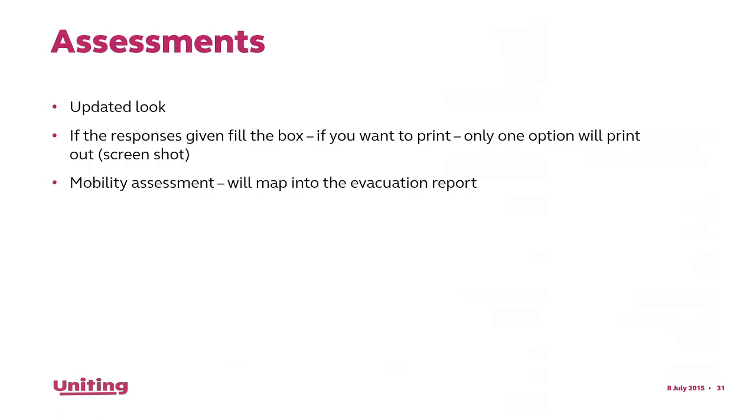The assessment tools have an updated look, and just be mindful if you are printing out your assessment forms and you have entered more than one response into a box or a field on that assessment form, only one option will print out.